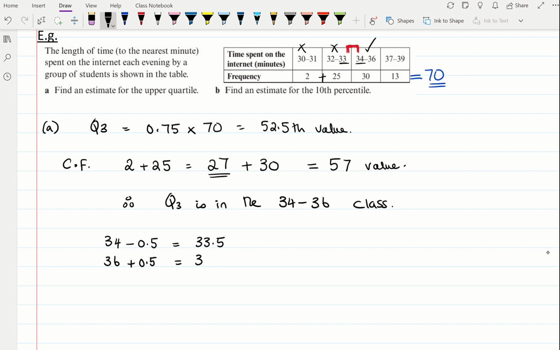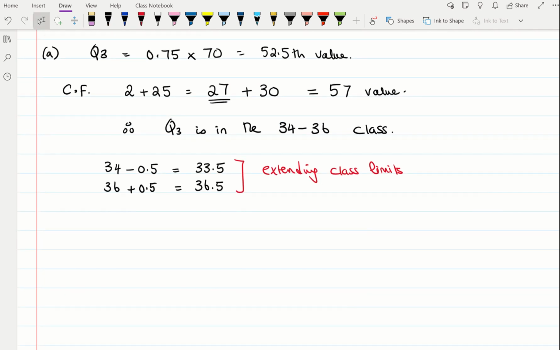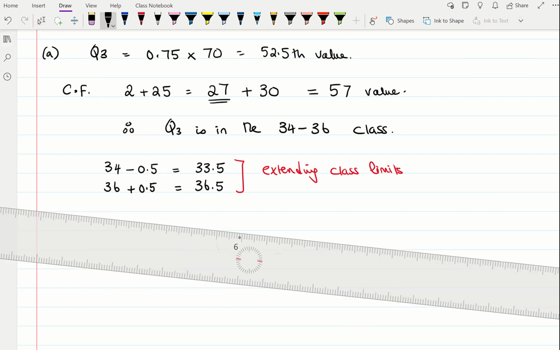I'm extending the class limits, or class boundaries, both ways, up and down. Then I'm going to use interpolation, and I'm going to show you what they do in the textbook and why they do that. But they basically create a number line.